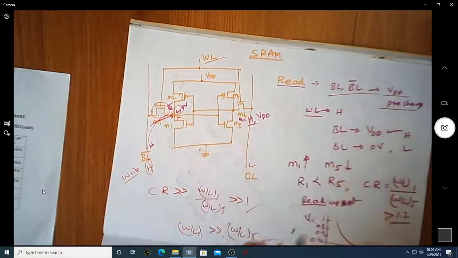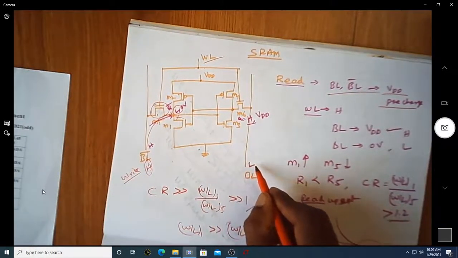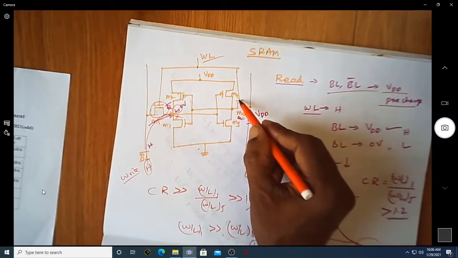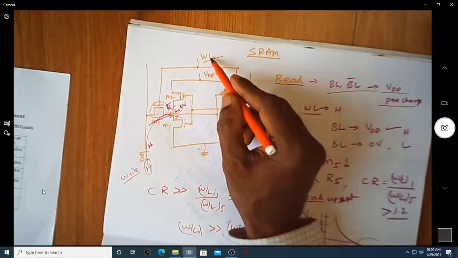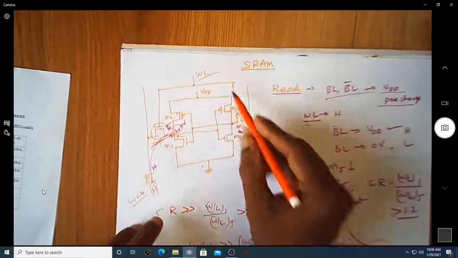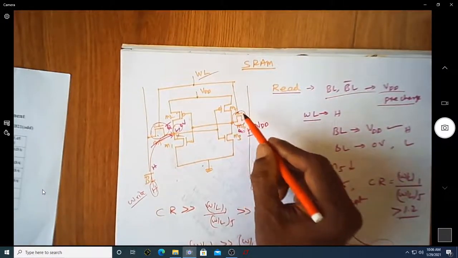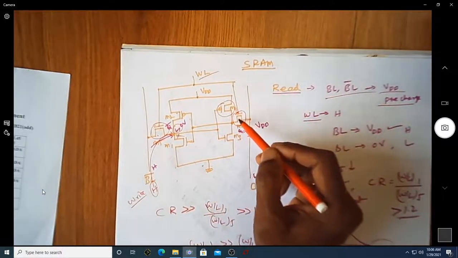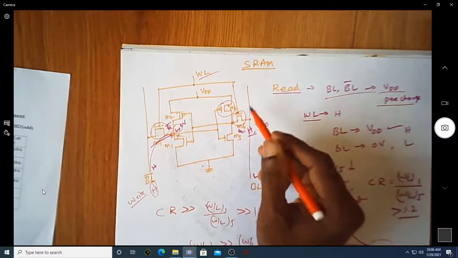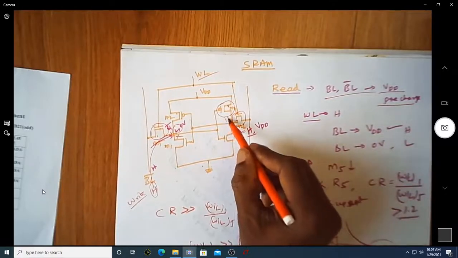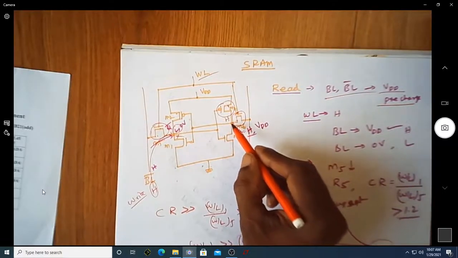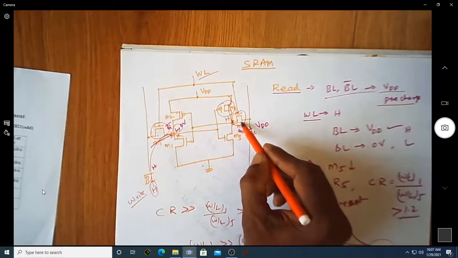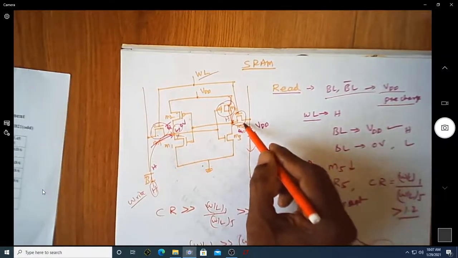Let us see from the other side. If this is low, and a high is already there, as soon as you make this word line equal to 1, this transistor turns on. This was also on earlier. Whenever both the transistors are on, the voltage at this point, which is high, can remain high due to this transistor, or can go low because of this transistor.